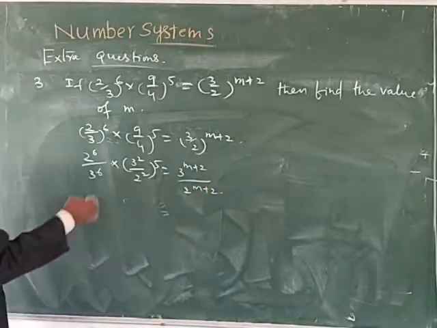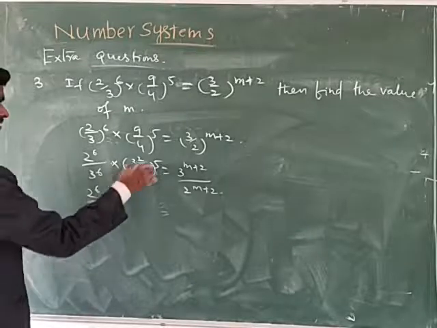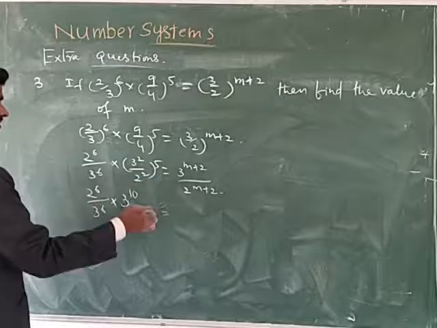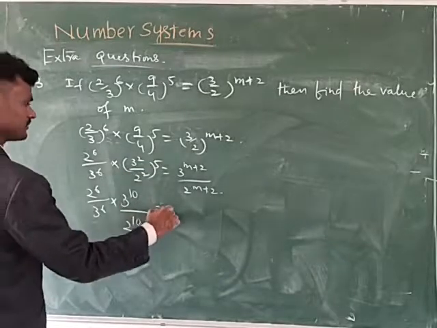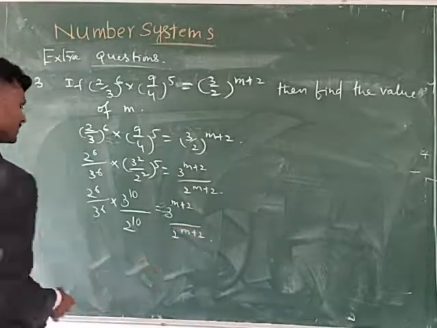Now see here, 2 power 6 by 3 power 6 into 3 power 10 by 2 power 10, using a power m whole power n equals a power mn, 2 power 2 fives are 10, is equal to 3 power m plus 2 by 2 power m plus 2.